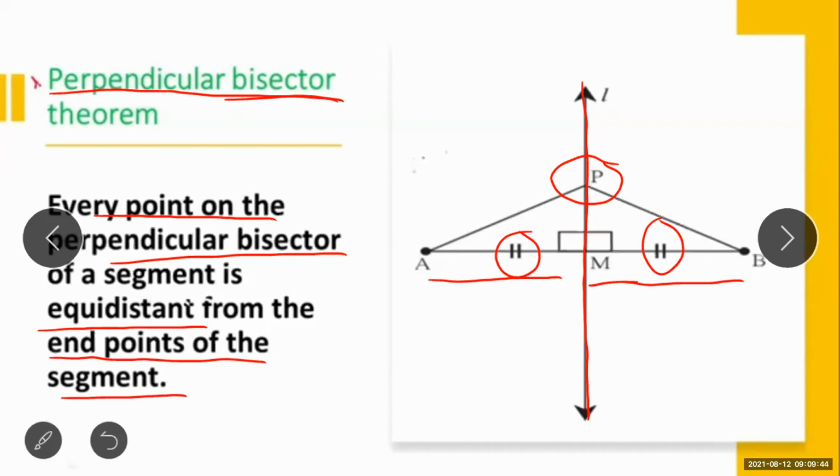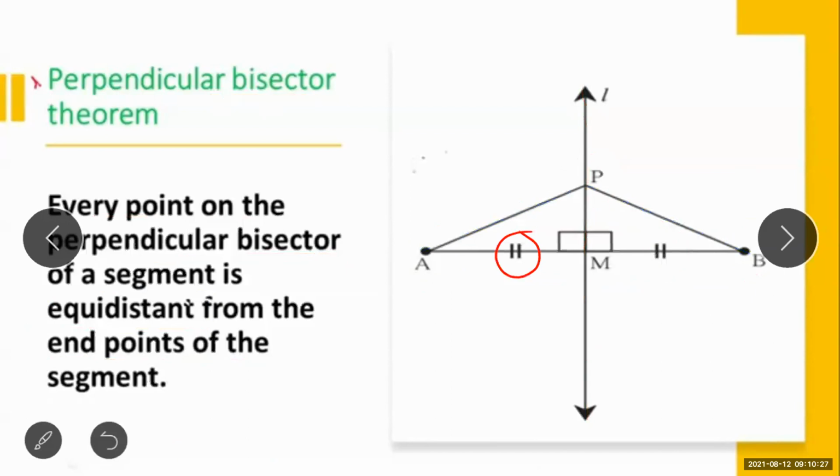Now we know the segment is AB, and the end points are point A and point B. So this point P is at equal distance from end point A and end point B. So we have to show that segment AP is congruent to segment PB, that means equidistant from the end points. Okay, now let's see the proof for it.